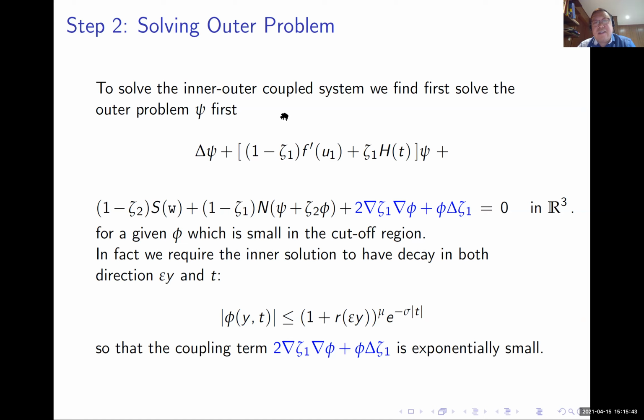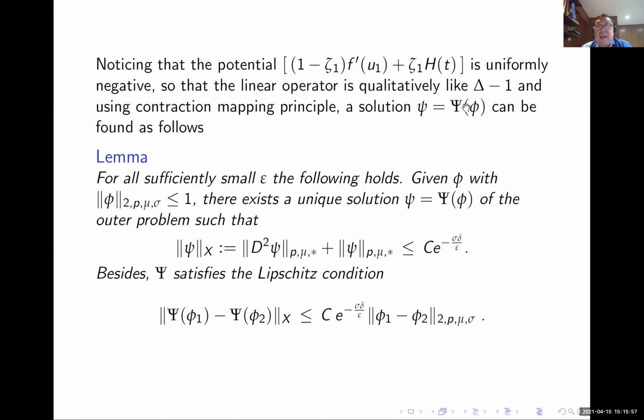And this operator, as I said, is basically like Laplace minus 1. So I can solve phi, the outer problem, in terms of the inner problem. Given an inner problem, I can solve the outer problem easily.